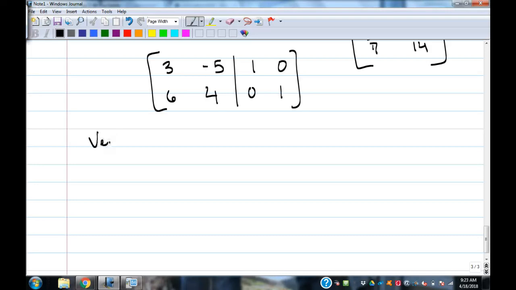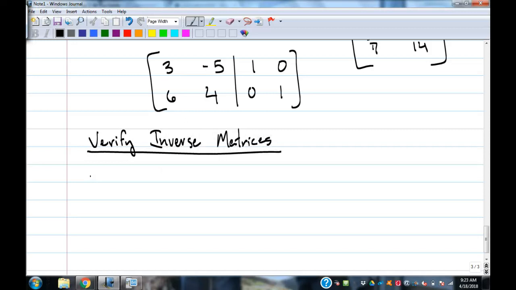Now, if they want you to verify inverse matrices, absolutely. A times A inverse should give us an I matrix.